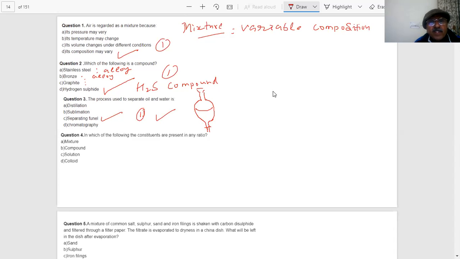In which of the following are the constituents present in any ratio? Mixture, compound, solution, colloid. Sir, mixture. Okay, correct answer. That is the definition of mixture.